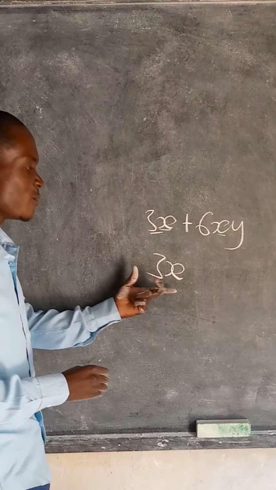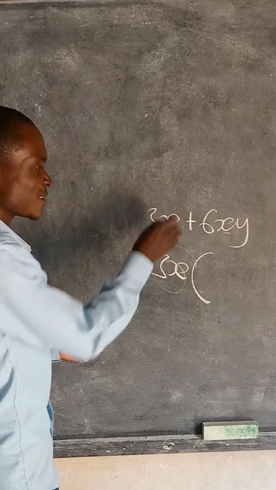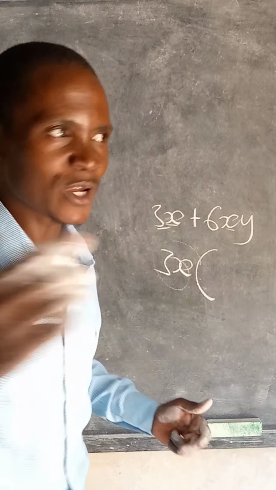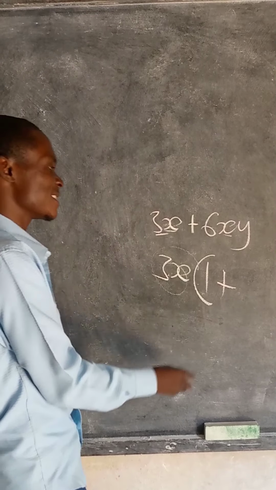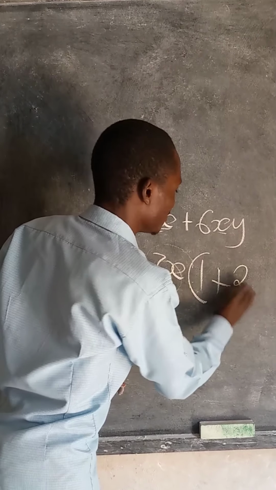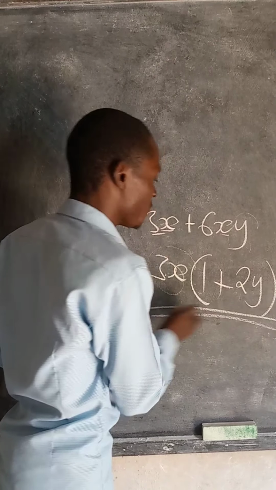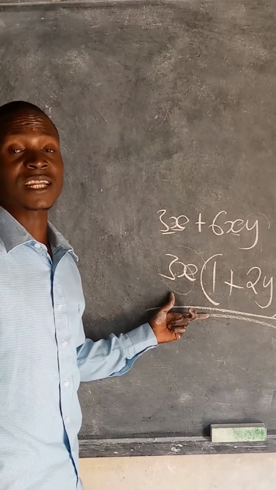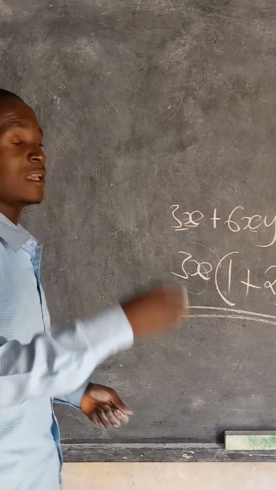So 3x will be our common factor. So you write the brackets. 3x into 3x, you get the 1, plus 3x into 6xy, you are going to get a 2, then the y will remain. That means you are factorized. This is what we looked at last time. So let's quickly look at factorize by grouping.